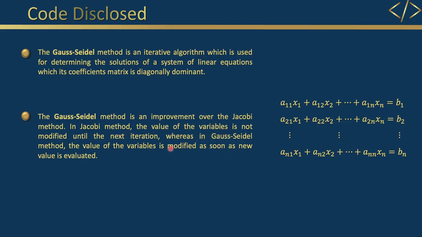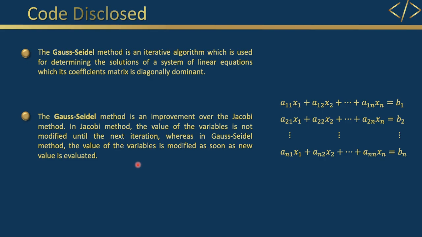The main idea of the Gauss-Seidel is that, for example, for the Jacobi method, the value of the variables is not modified until the next iteration. However, for the Gauss-Seidel, the values of the variables are used once they are modified.